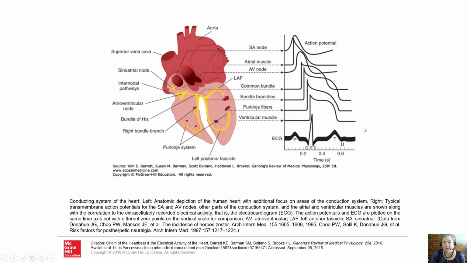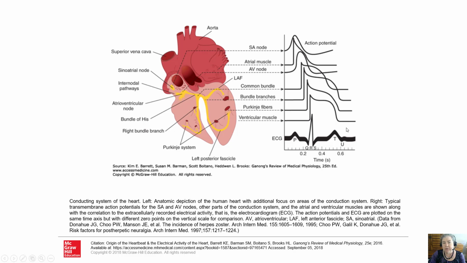The P wave represents the electrical activity of atrial depolarization. The PR interval represents atrial repolarization. The QRS complex represents ventricular depolarization, but it's picking up the signals that are being sent through the Purkinje fibers and so forth.